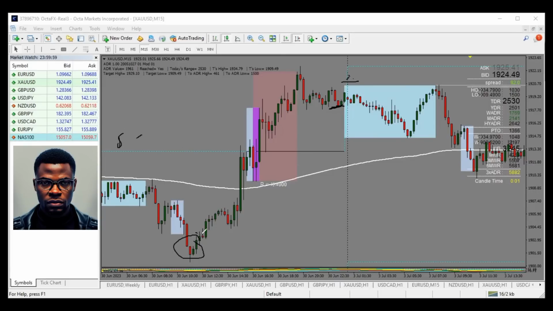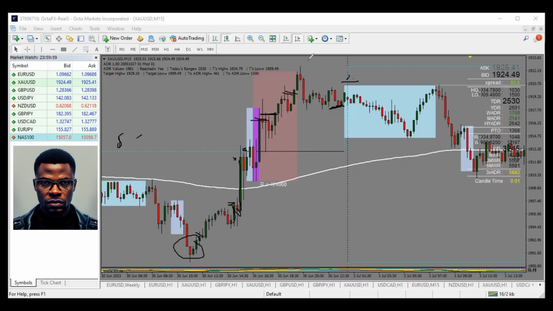As I entered around this region, I just waited. The market closed high, I entered more; the market moved up, retraced, moved up, gave me this retracement, moved up, I entered more, and again, and again, and again.